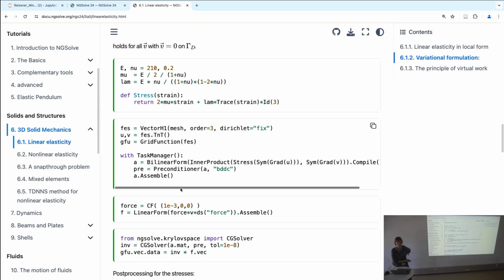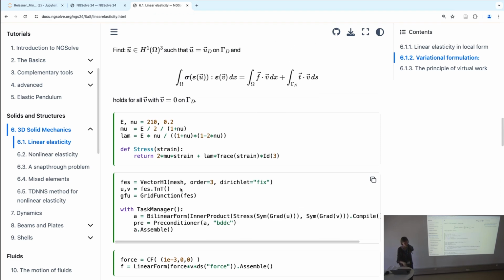Behind it is the solution vector, all the unknowns, and the information how to get the degrees of freedom of this solution vector into a field which you can plot. Then we do the bilinear form, which is the system matrix. We want the right-hand side, left-hand side of our variational equation. This is this one line.